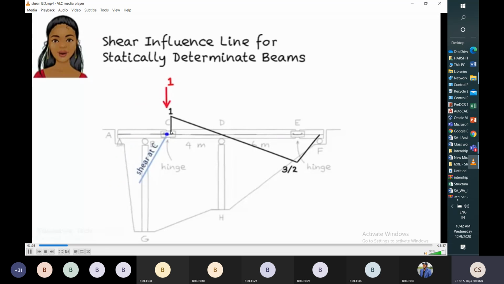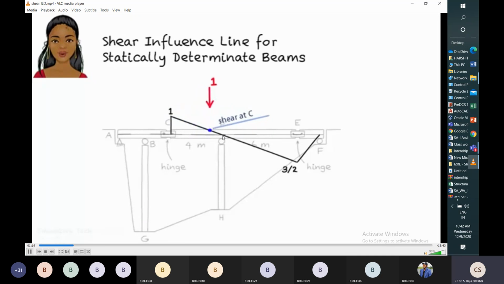When the unit point load moves just past C, just right of C, shear at C will become 1, because we are applying the unit point load here. And then when the unit point load moves from C to D, it decreases linearly.